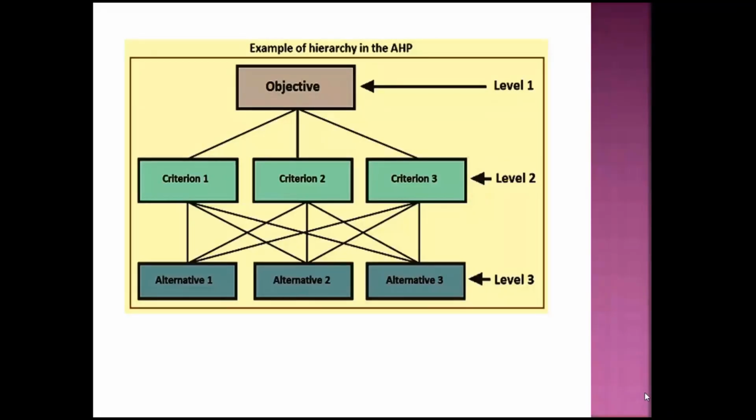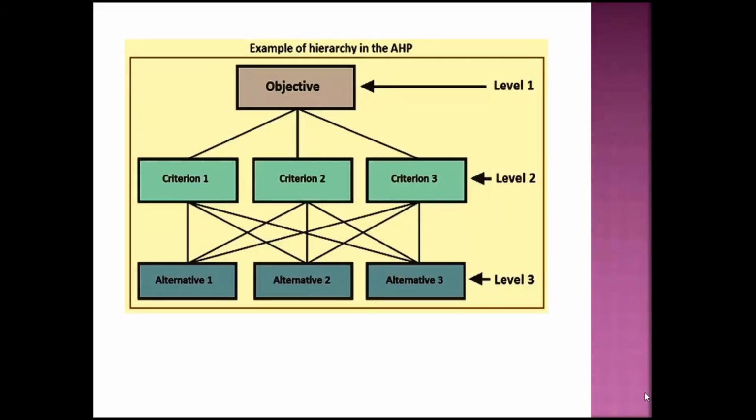In criteria 1, criteria 2, criteria 3, we give them classification, related to the factors which affect our objective, and this we can call level 2. In level 3, we can give solutions to our problem, that based on these criteria we have solutions, and which solution is most effective based on which criteria.